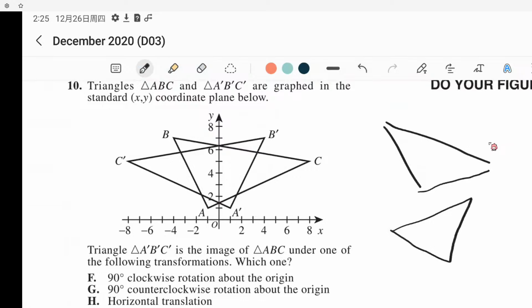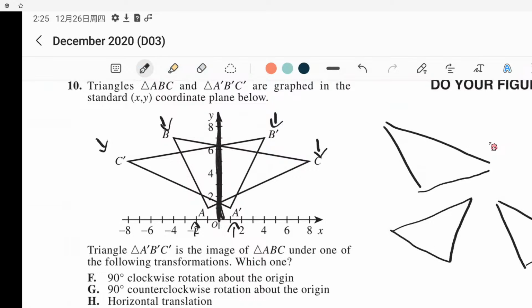So it is a reflection, because as we can see, if we draw this the other way, it will look just like the other one. So because this is a reflection over the line right here, because it creates symmetry between B prime, C prime, and B, C, and then A and A prime.